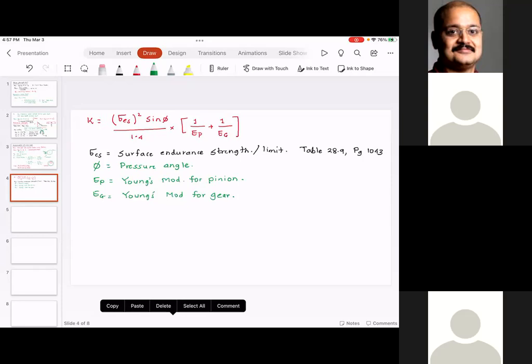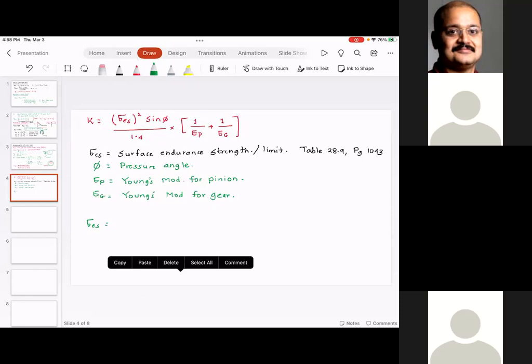In certain cases, if the value of sigma ES is not given, sigma ES can be estimated as 2.8 times BHN, which is Brinell hardness number, minus 70 in Newton per millimeter square. And one thing, please note, sigma ES is usually greater than sigma E, which is sigma flexural.